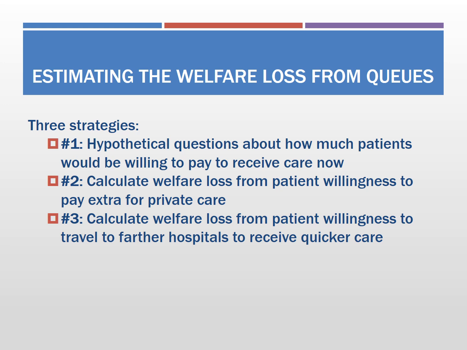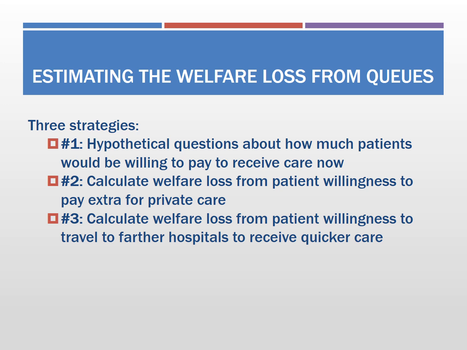Number one, we can ask patients hypothetical questions about how much they would be willing to pay to receive the care now, compared to if they have to wait in line.